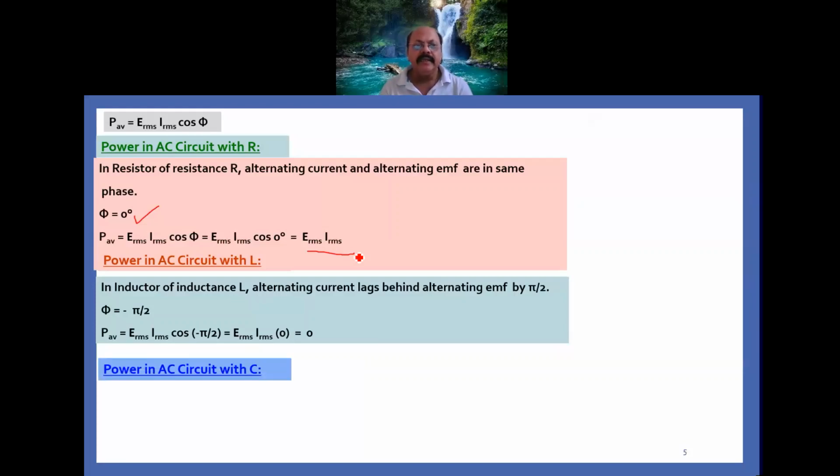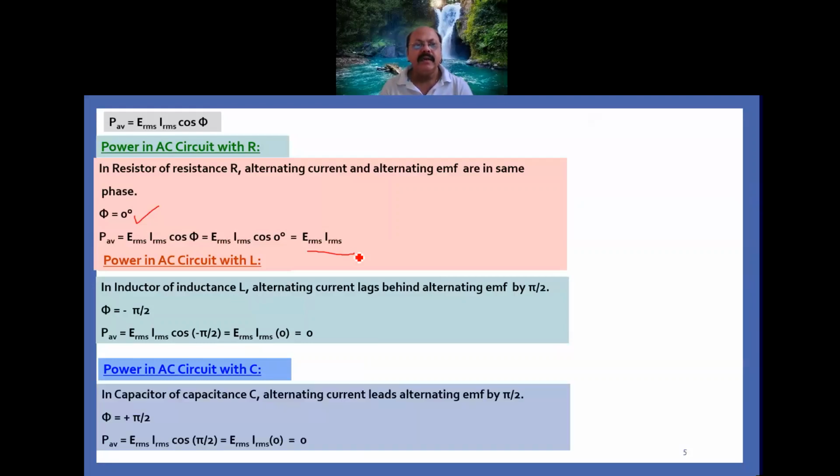Similarly, we can calculate in an AC circuit containing a capacitor of capacitance C. In that case, alternating EMF and alternating current have the phase relationship pi by 2, that is, alternating current leads the alternating EMF by the phase angle pi by 2. So here phi equal to plus pi by 2. Then from the equation P average equal to ERMS IRMS cos phi, we put in place of phi pi by 2, and cos pi by 2 is 0.